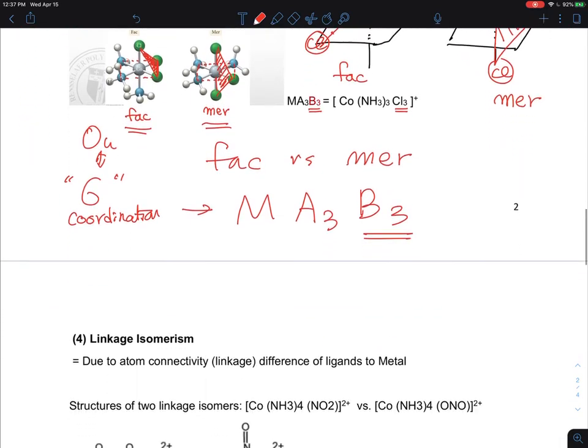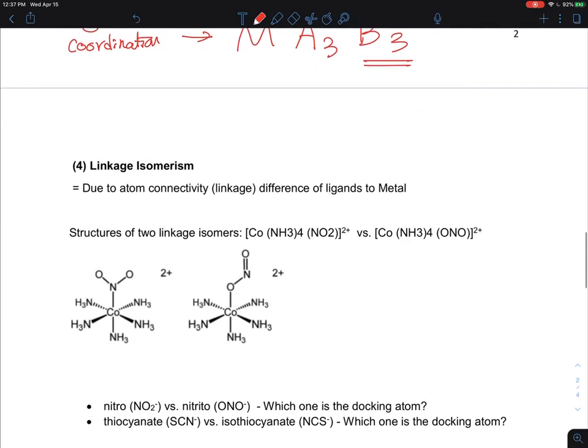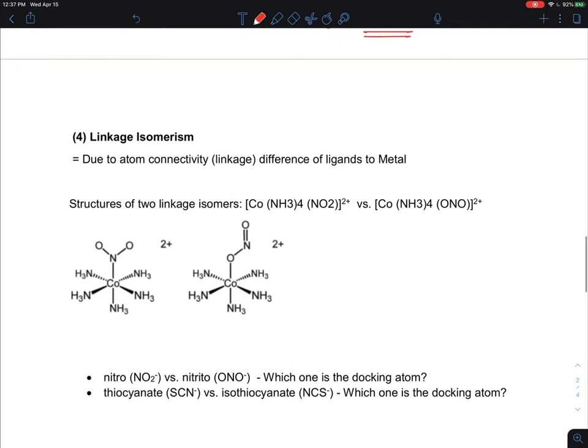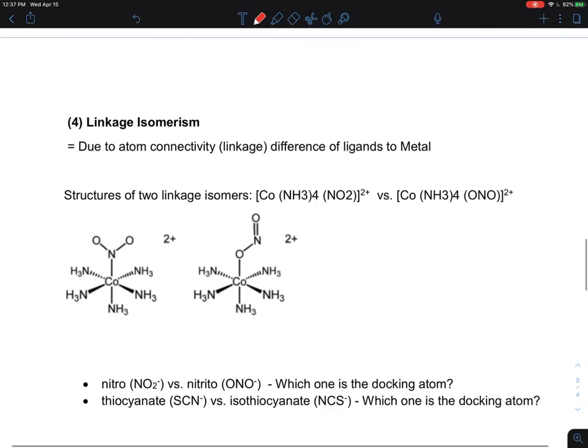Okay. So I think that I can put an extra mileage on linkage isomerism. This is going a little bit overboard, but let me just give an example. This linkage isomer is another isomer because the ligand can have two different types of lone pairs.